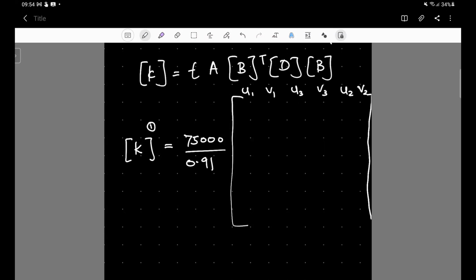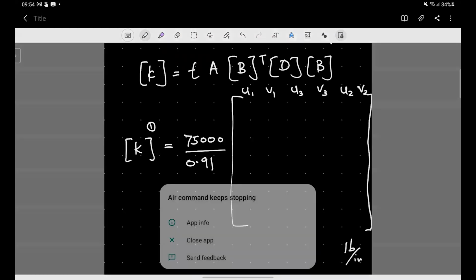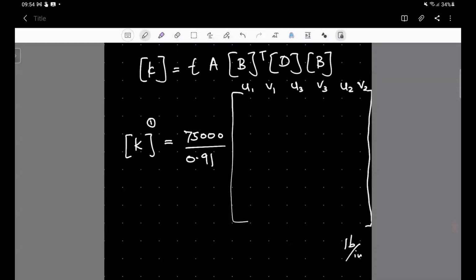These are the corresponding nodes that we have to use when we are considering element number 1.